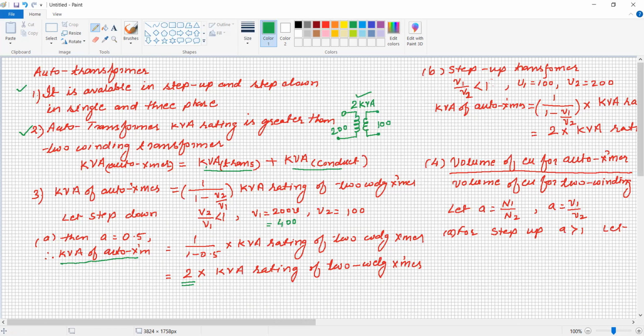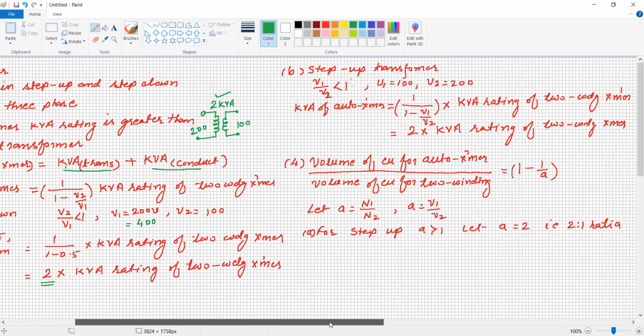Now what would be the relation for the step up transformer? For a step up transformer, V1/V2 is less than 1. Take a two winding transformer whose primary voltage is 100 volt and secondary voltage is 200 volt. Under such condition, the kVA rating of the auto transformer is equal to 1 upon 1 minus V1 upon V2. Here it is V2 upon V1 in the step down case.